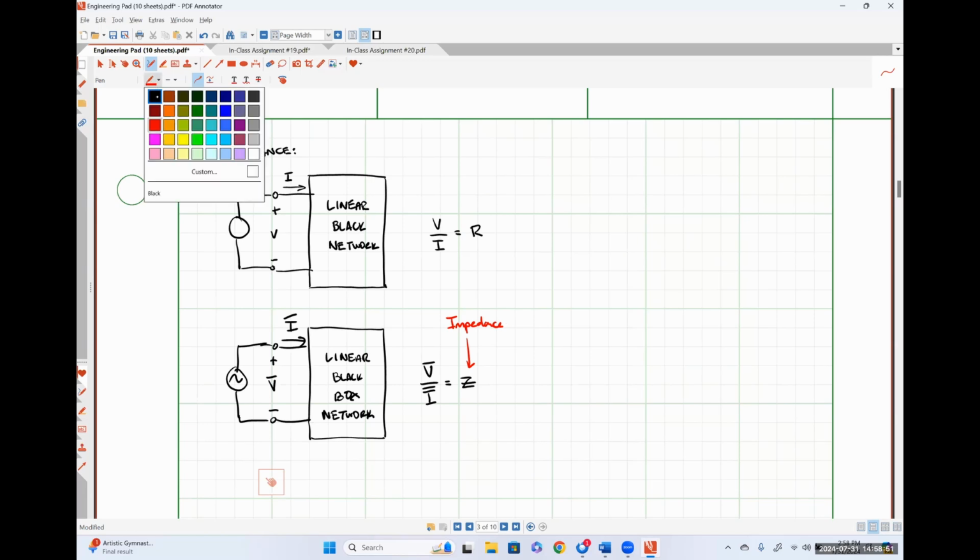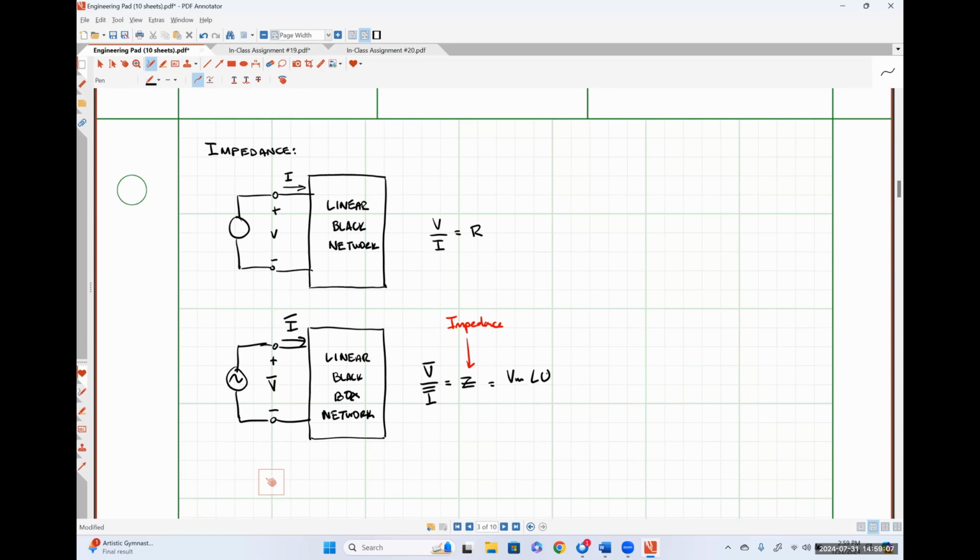That means we can express it in either polar form or rectangular form. So let's play around with the polar form first. We would have Vm angle theta V divided by Im angle theta I.